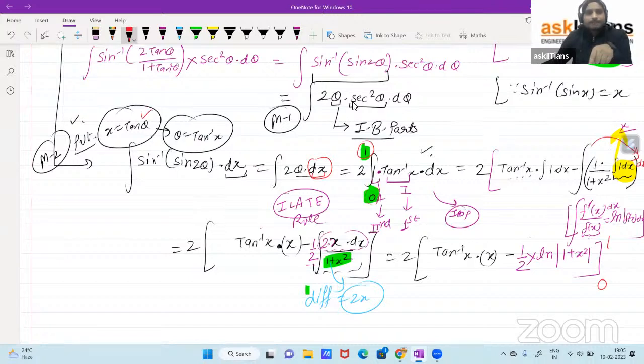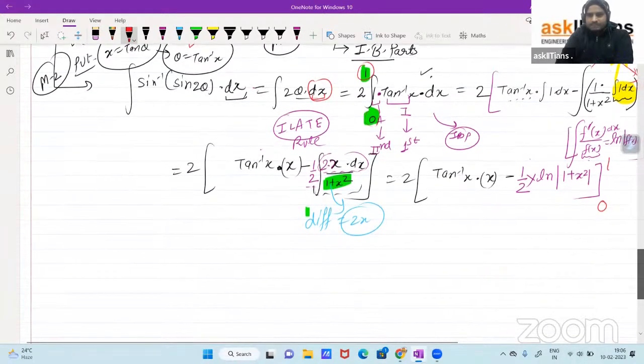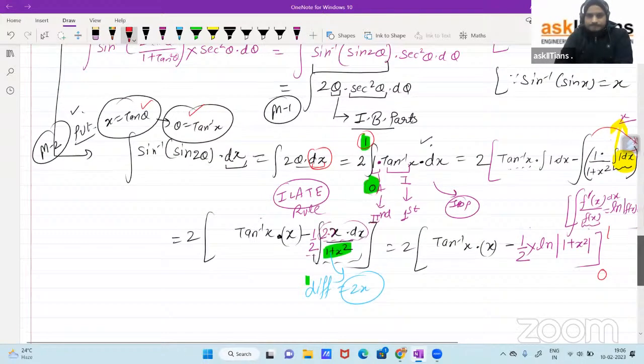This was just a simple substitution, which we generally do in mathematics, just to make the question simple. We haven't changed the variable. Okay, so 0 to 1 will be your limit, correct?